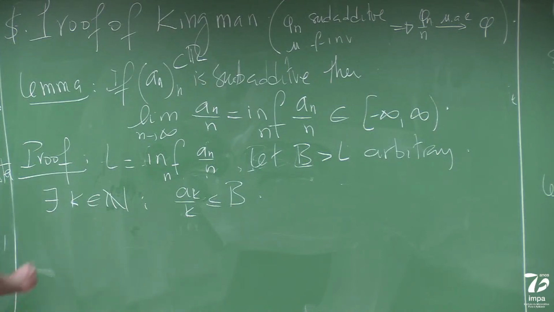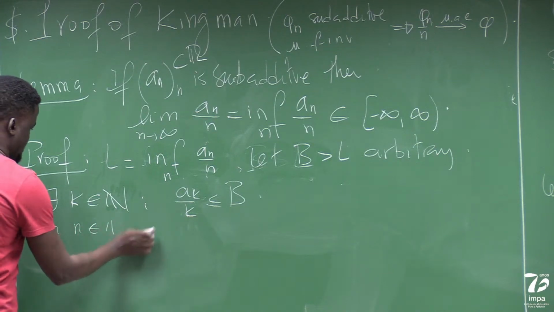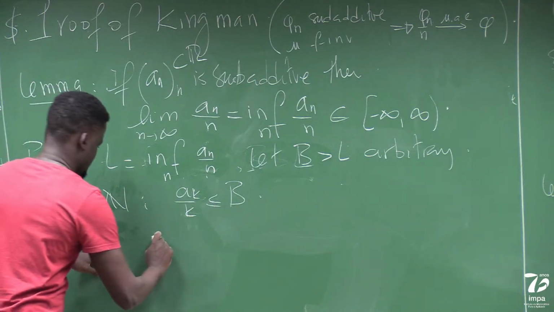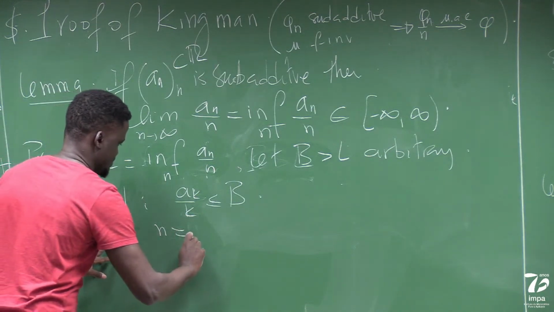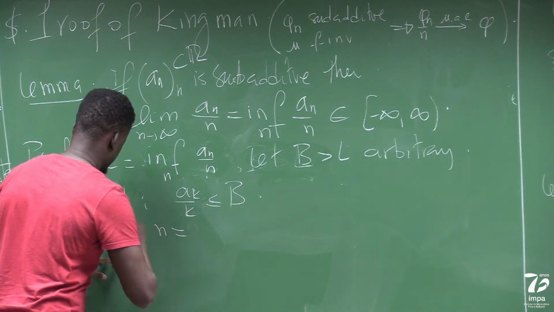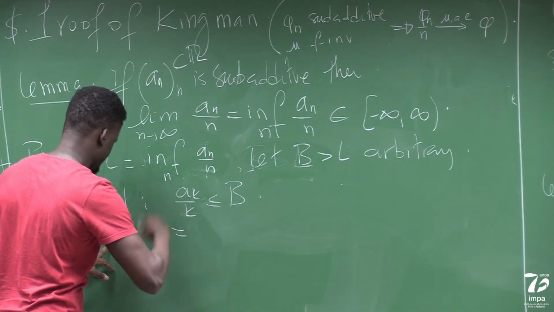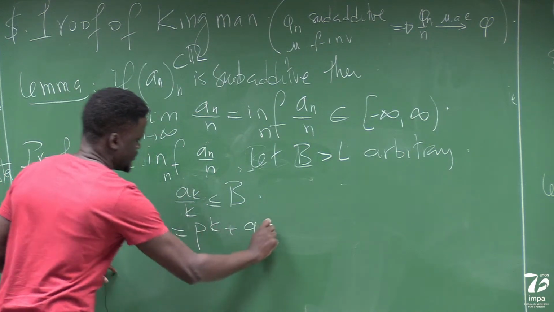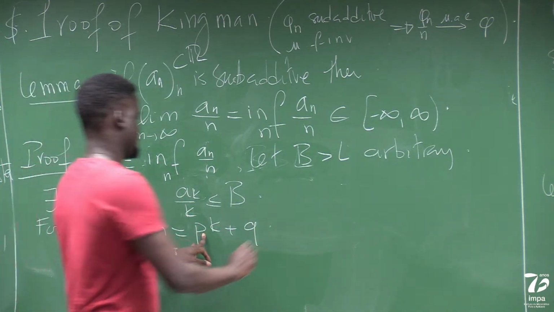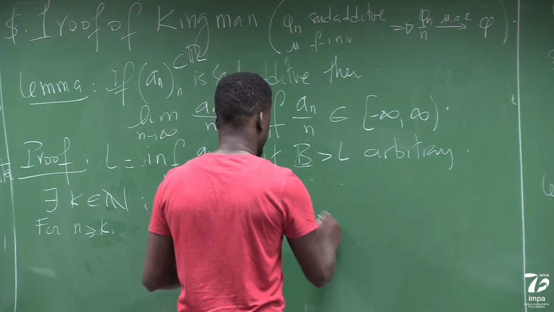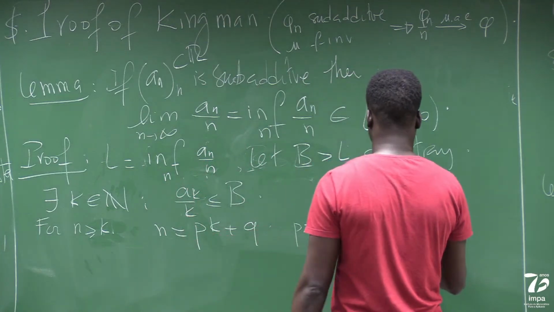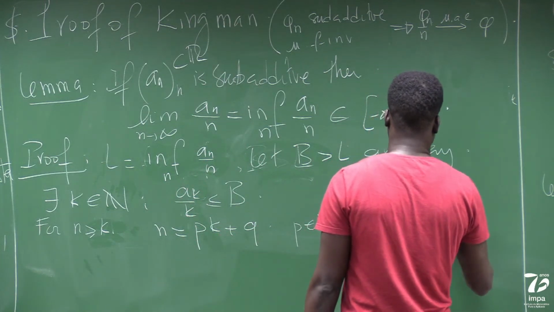Because this is the infimum, so you will have such a guy. So if you pick n in N, let's say n bigger than K, you can do the Euclidean division of n by K. So you will have n equals P K plus Q, where P is an integer, Q is also an integer, but less than K, so at most K minus 1.